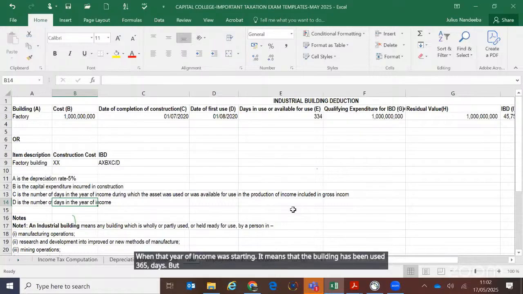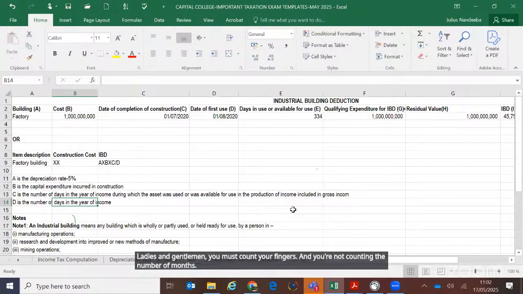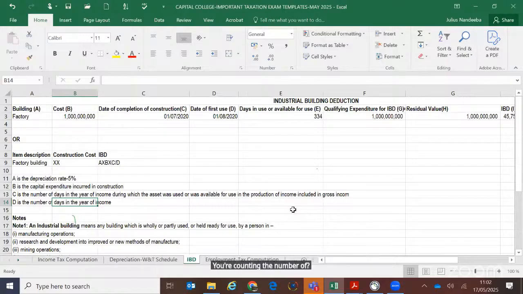But if this building was put to use in the middle of the year that you're dealing with, ladies and gentlemen, you must count your fingers. And you're not counting the number of months. You're counting the number of days. So you count the number of days from the time it was put to use up to the year end.